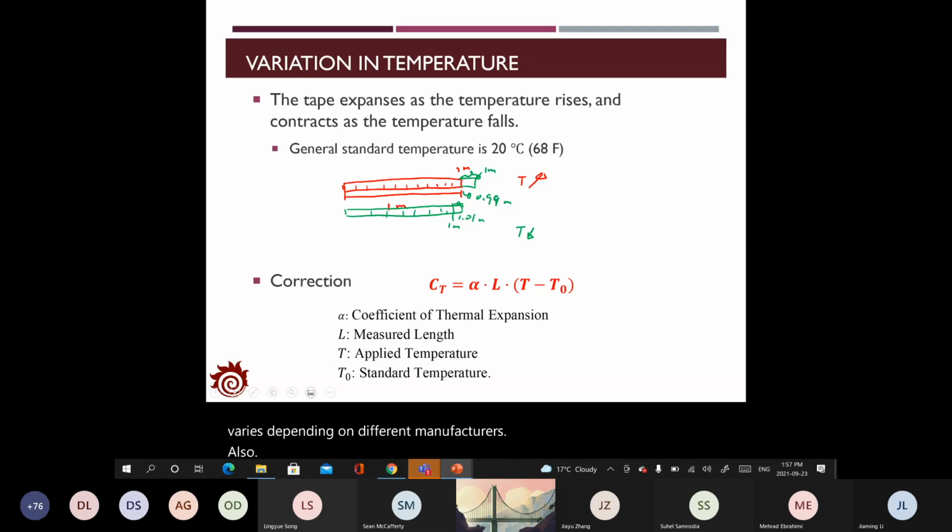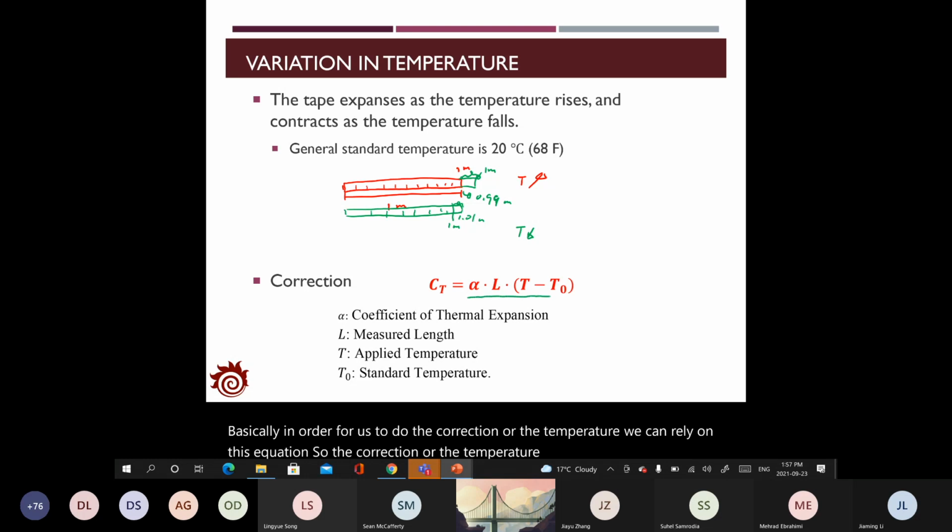Basically, in order for us to do the correction of the temperature, we can rely on this equation. The correction of the temperature is C_T = alpha times L times (T minus T0). In this equation, alpha is the coefficient of thermal expansion. For one tape with one kind of material, the value of alpha is constant.